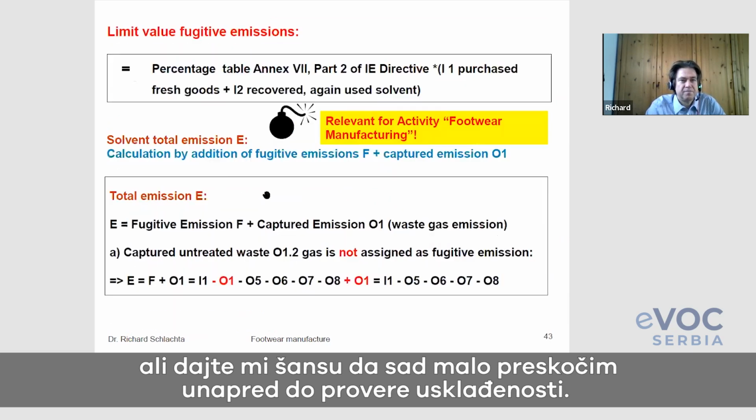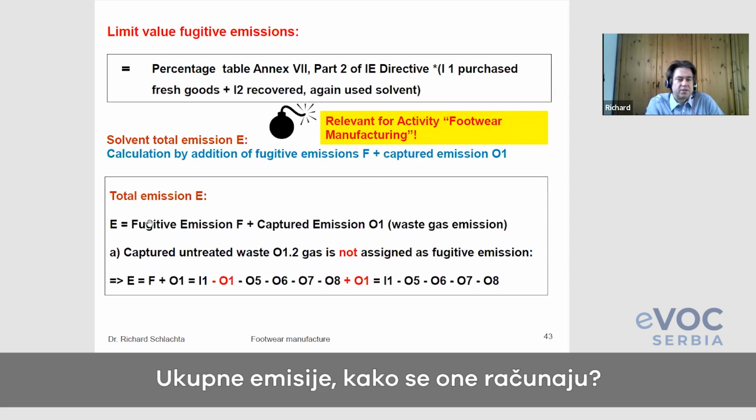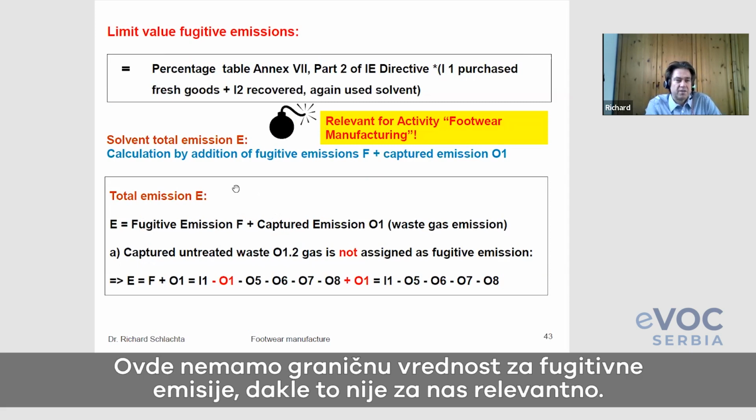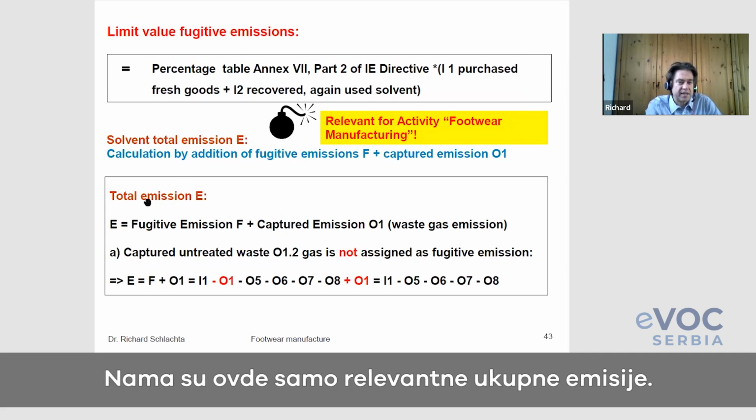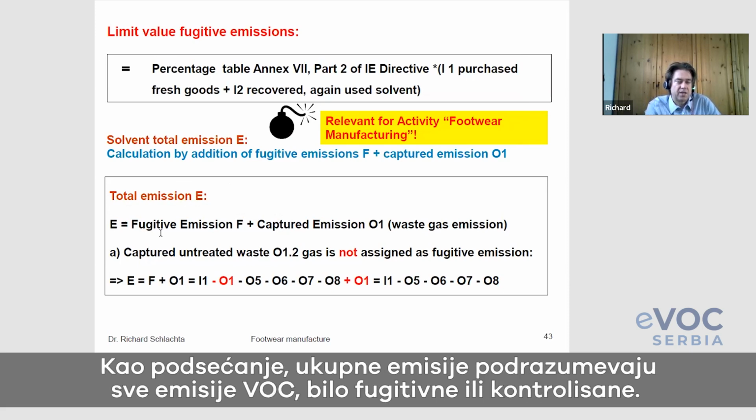The total emission. How is it calculated? We have no limit value for fugitive emissions, so that is not relevant for us now. For us, only the total emission is relevant. To remember, total emission means all emissions of VOC that get out by a fugitive way or in a captured way.